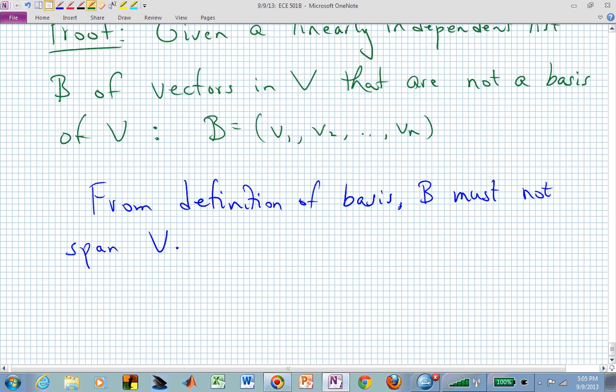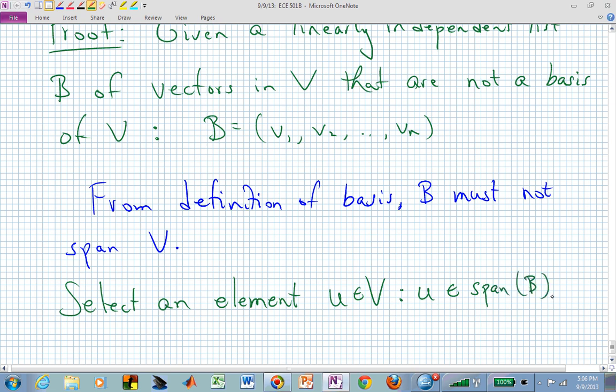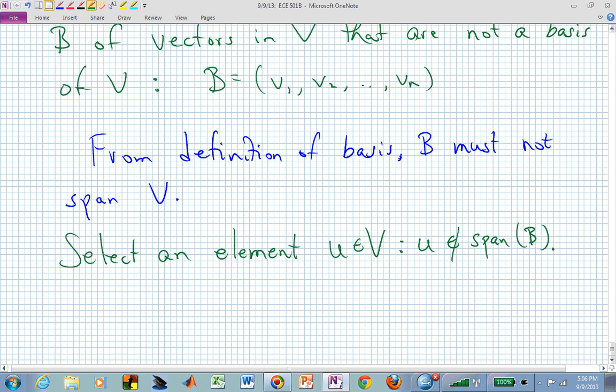All right, if it doesn't, then let's go find a vector that's in V, but not yet in B. So let's select an element, let's say that's U, that's in V, such that U is outside of the span of B. Is that clear?